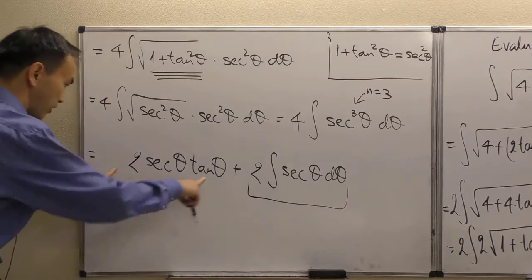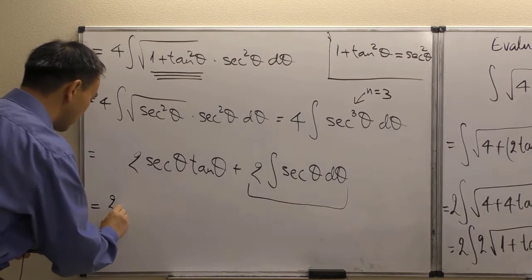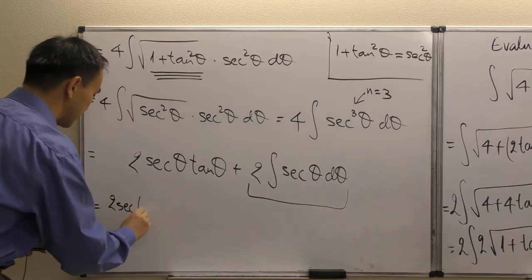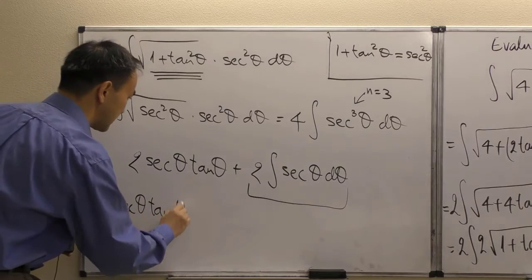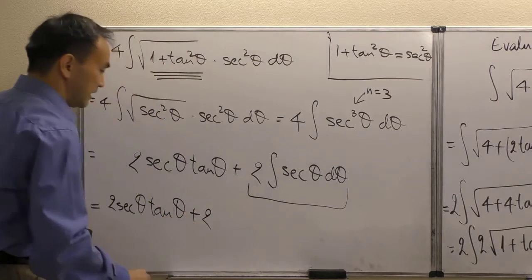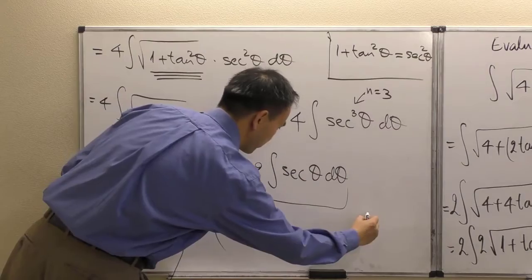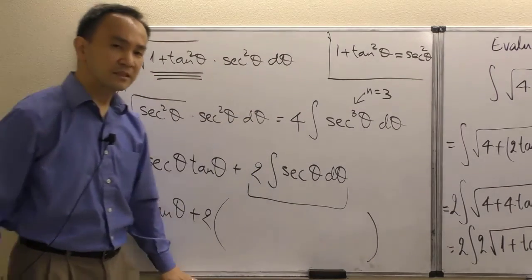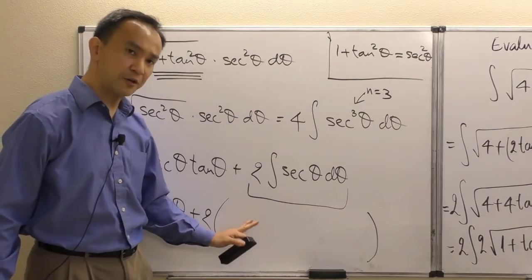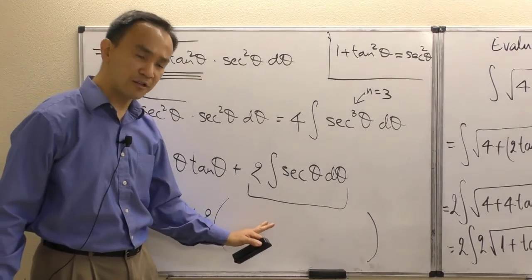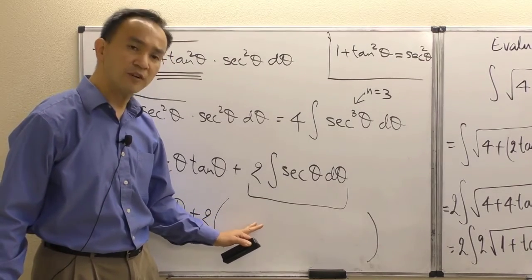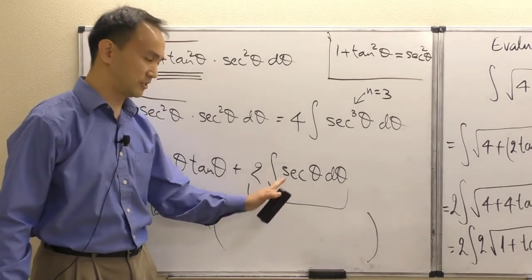So now I'm going to rewrite the first term the way it is: 2 times secant of theta times tangent theta plus 2. And now we have learned previously, I had video lessons of mine earlier as well, as there are many video lessons over the web, that show the integral of secant of theta.